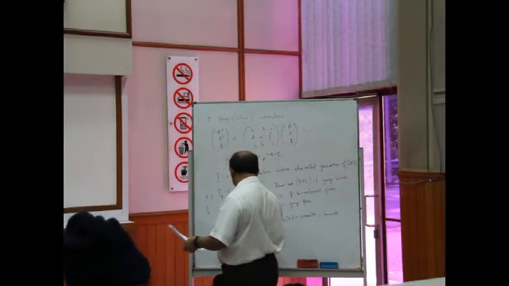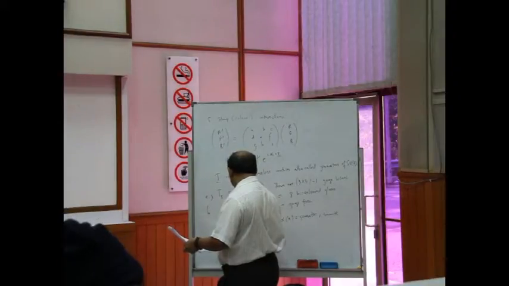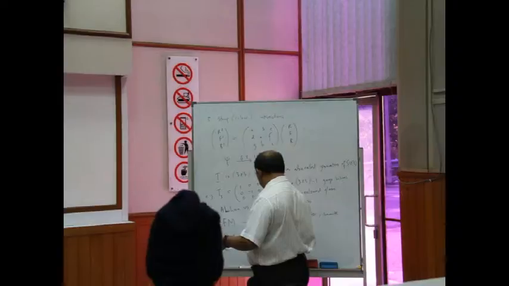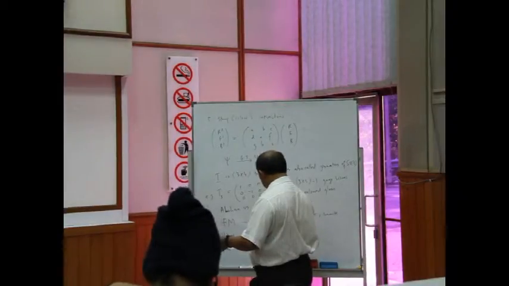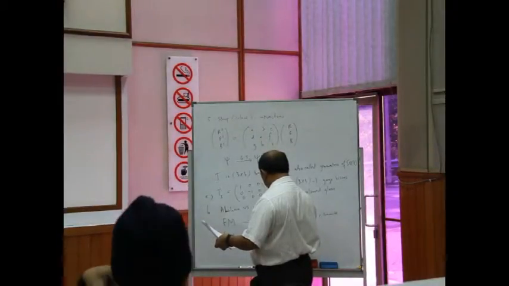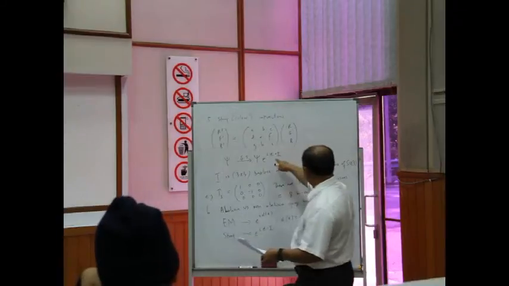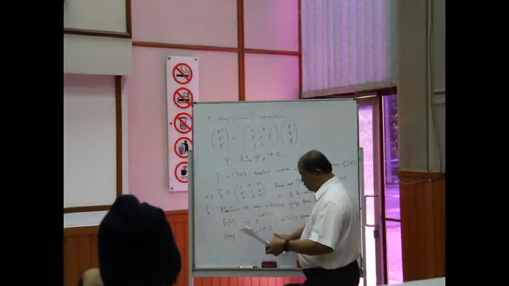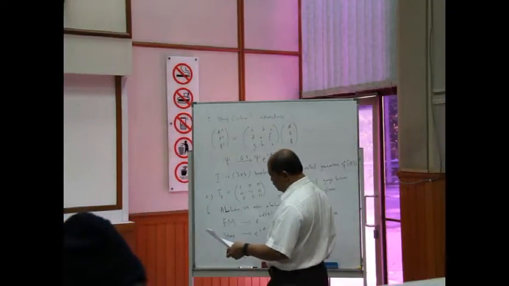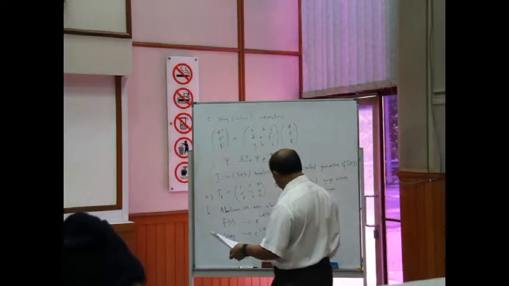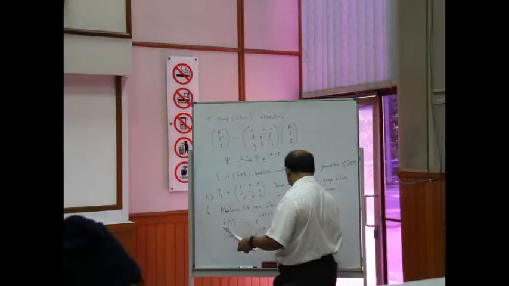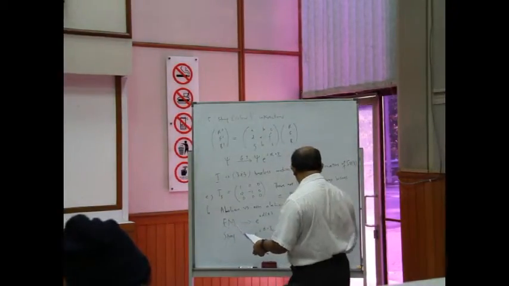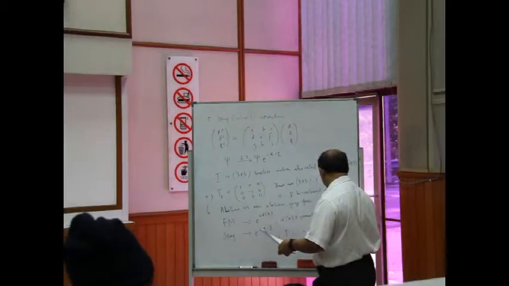For the strong or color force, you have e^(i alpha dot t). I just write it here now. So this t, which is a 3 by 3 matrix, does not commute. It's a generator as well, but does not commute.